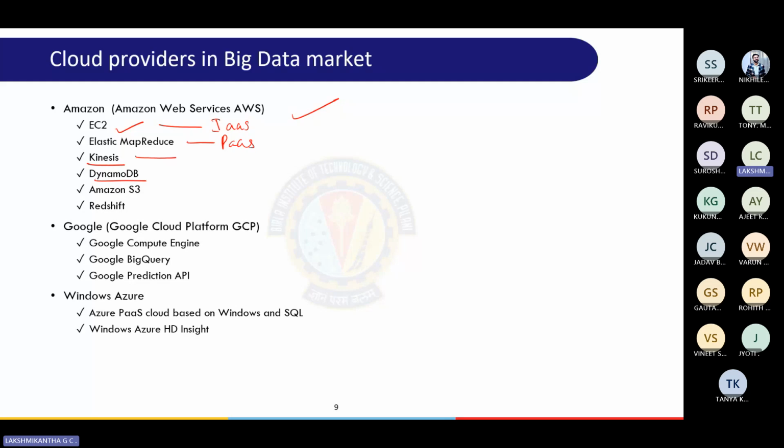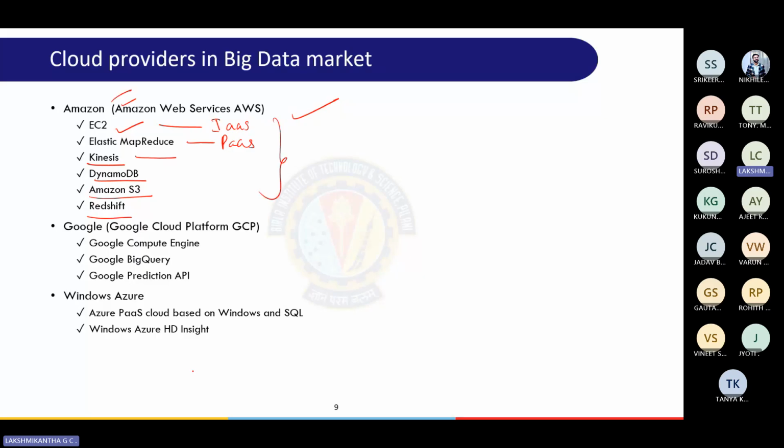This is a fully managed high performance NoSQL key value database. And we have Amazon S3, Simple Storage Service, a highly scalable object storage service, guys. And the last one, we have Redshift, a fully managed petabyte scale data warehouse. So all these are provided by Amazon.